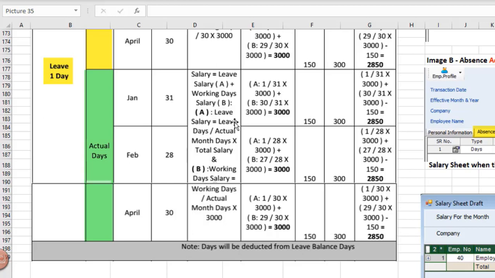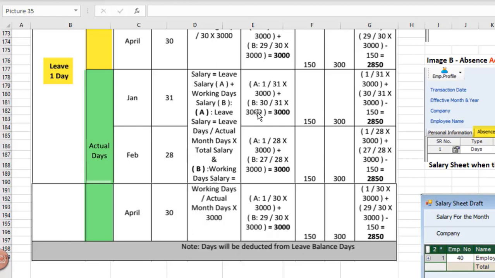It says that the leave days, which is 1, divided by the actual month days, which is in this case 31 because it's reading from here, and then multiplied by the total salary, which is 3,000, of course. Part B, however, is the working days salary. This is how it's calculated.